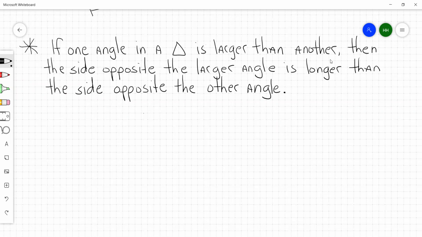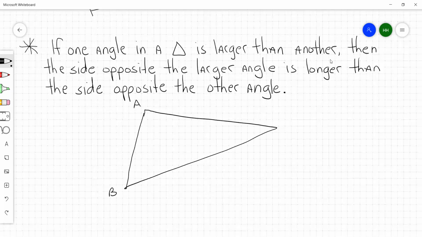So again, if you take this triangle, draw a triangle ABC, and now we're going to insert angle measures. We're going to say that angle C is 30 degrees. And angle B is 80 degrees.